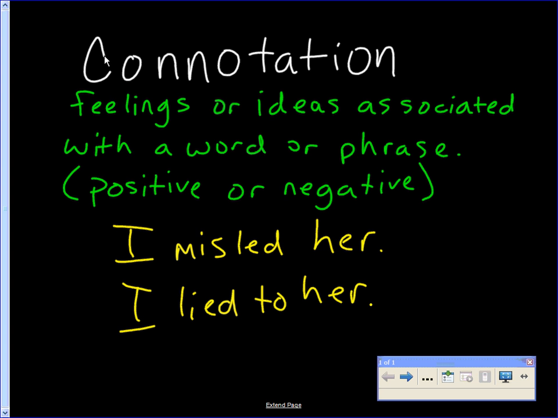Somebody tell me what mislead means. To have the person thinking something false, right? Yeah. To tell somebody something that's false, or to make them believe something that's false, isn't that correct?